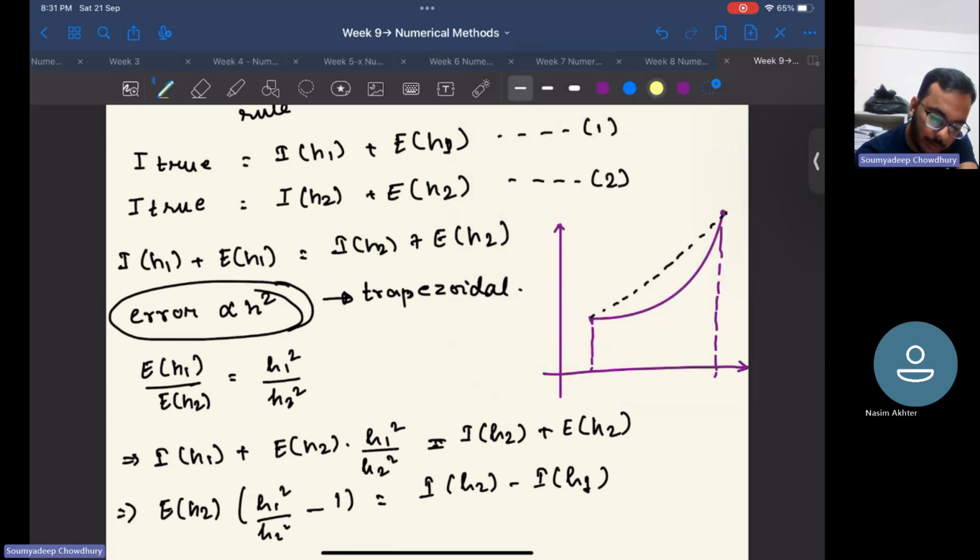Your error is this part, right? Your error is this yellow part, because when you are approximating by a straight line, whatever is below this black straight line will be the estimated one, whereas the actual one is below this curve. So your extra part will be this yellow one. This is your error. So here h is the entire thing.